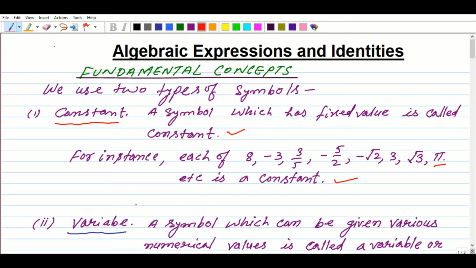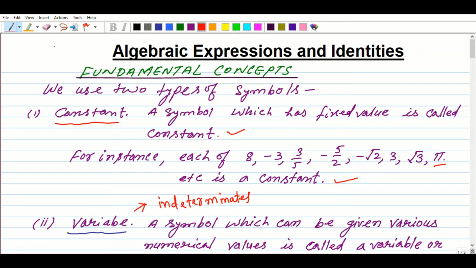It is also called indeterminate. Variable is also called indeterminate, right?